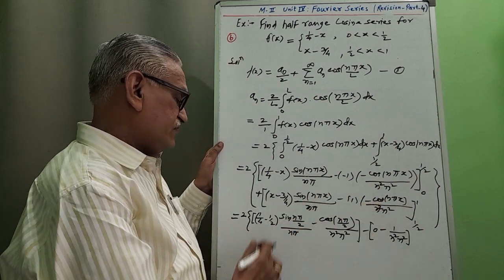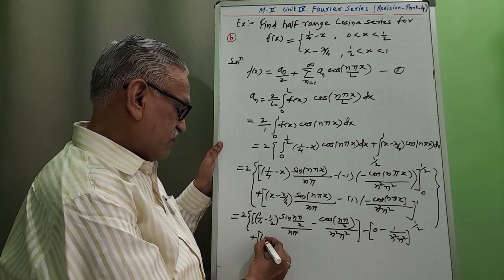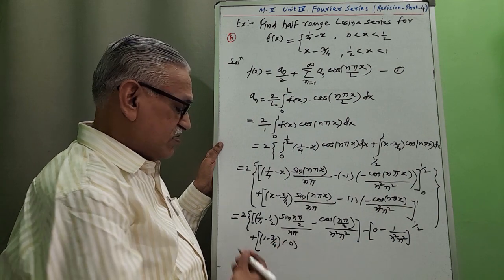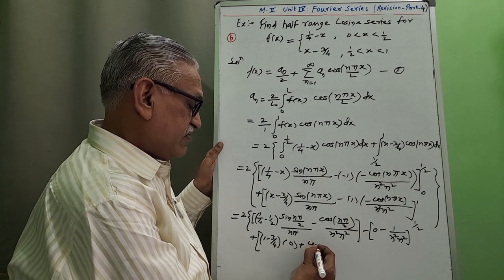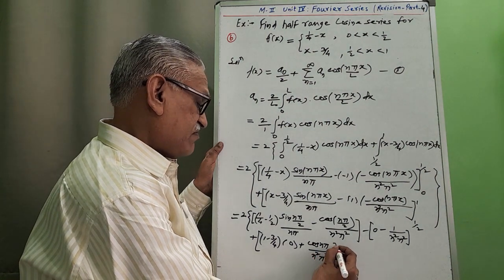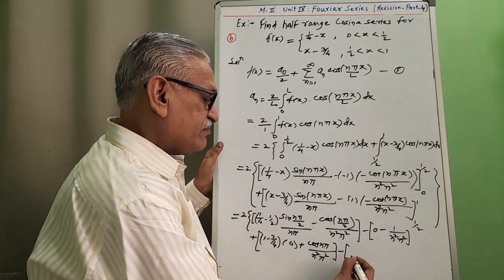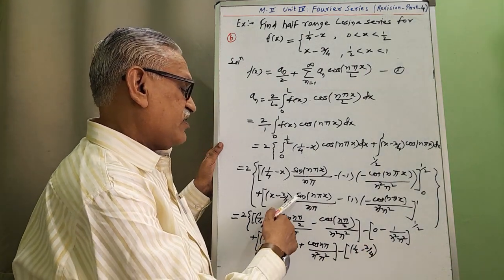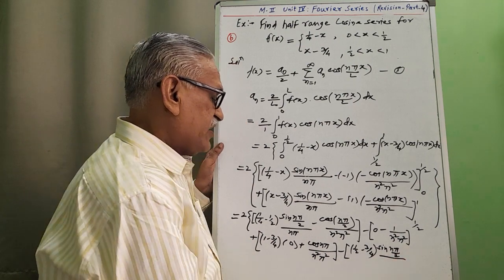Then for the second term, upper limit as 1 minus 3 by 4, sin of n pi, sin n pi is 0, minus minus it becomes plus, it is cos of n pi divided by n square pi square, then minus lower limit x as 1 by 2, therefore we get 1 by 2 minus 3 by 4 sin of n pi by 2 divided by n pi.